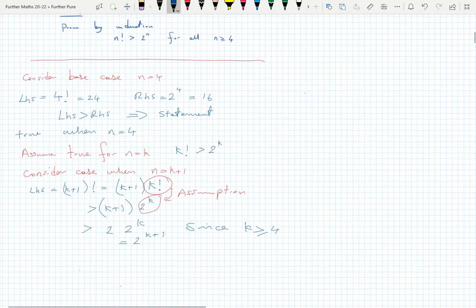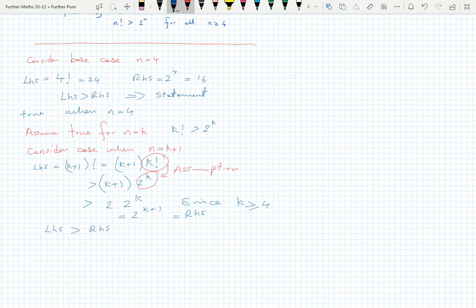So now we've shown, which is the right-hand side, that the left-hand side is greater than the right-hand side. So we can close off with our conclusion because we've basically done it. But we do need to conclude.